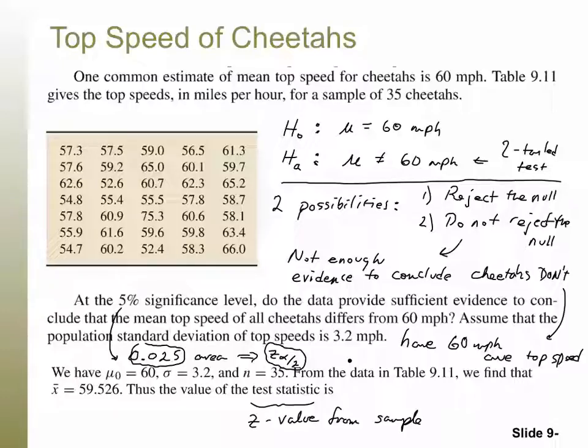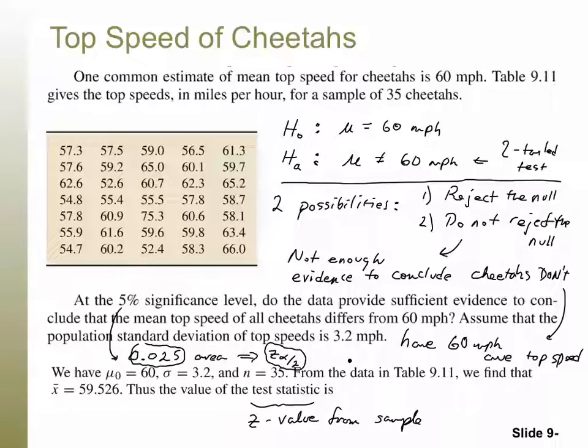Okay. So we got that. Now the next step is to find the z value from the sample. We're using this formula, and this is what I didn't know which one to use. So what I did was I put in parentheses 59.26 minus 60.